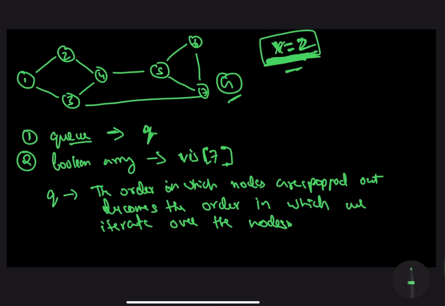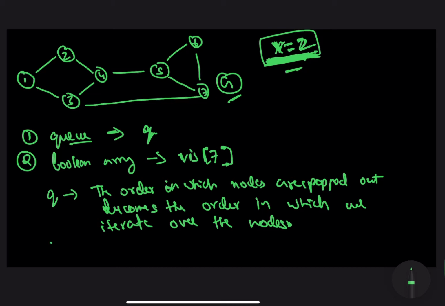So this queue will help us iterate over the nodes in increasing order of their distance. How? In the algorithm, we will implicitly ensure that the elements are pushed into the queue in increasing order of their distance. Since a queue follows a first in first out policy, the nodes will pop out in increasing order of their distances as well.